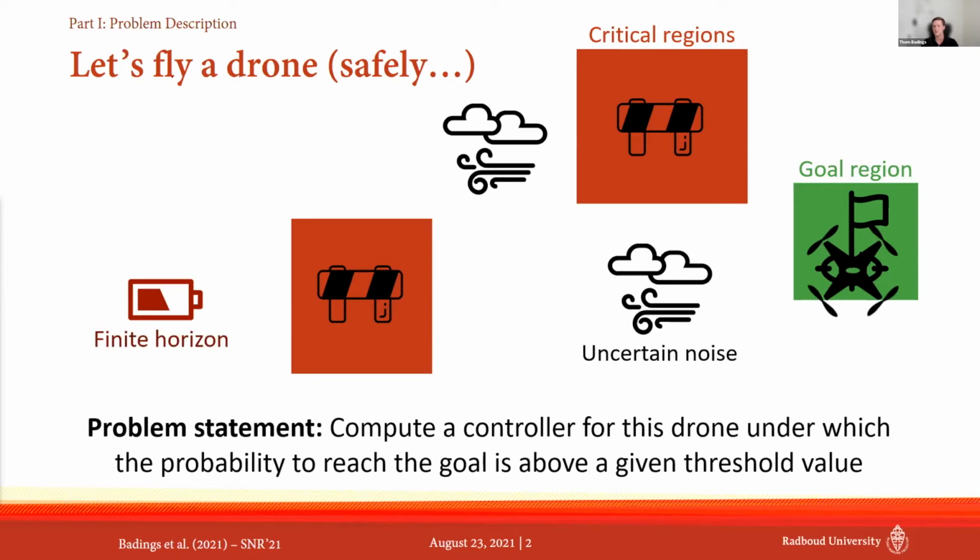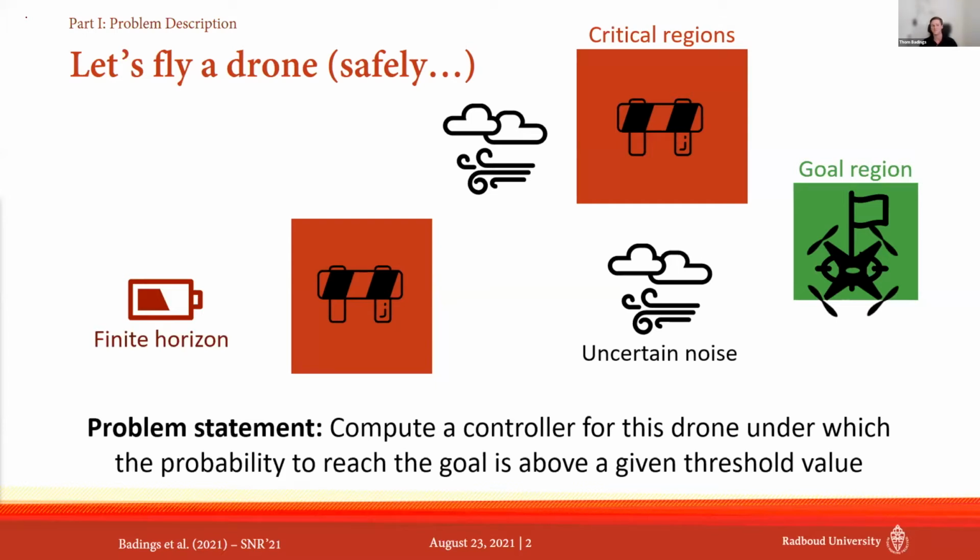So that means, and that's quite important to note, that we're not searching for a globally optimal solution, but we are rather searching for a suitable controller with performance guarantees. Because if the threshold value by which we can guarantee to reach the goal is not high enough, then it may be in fact better to not do the task at all, rather than having a high probability of crashing.